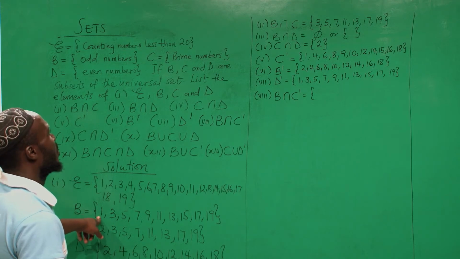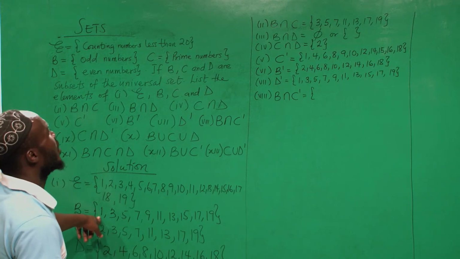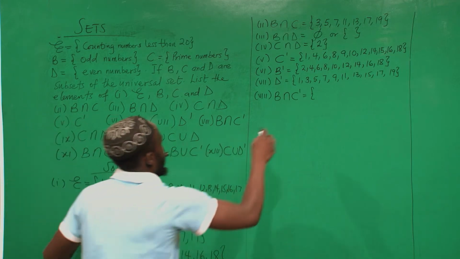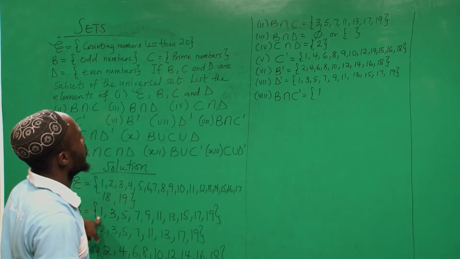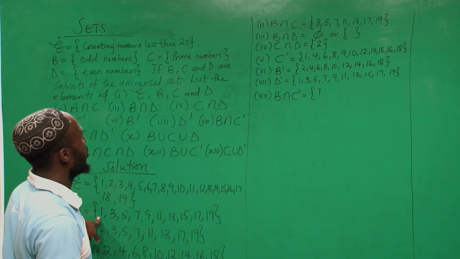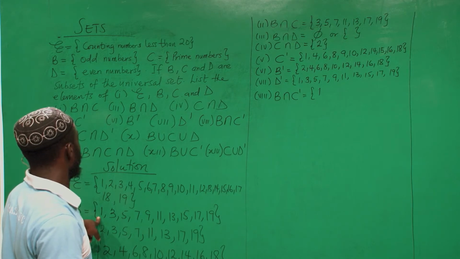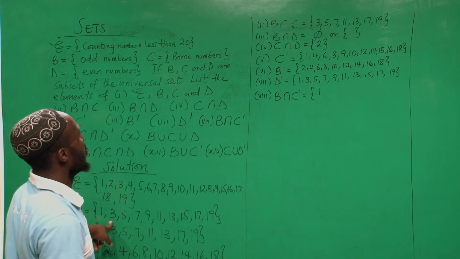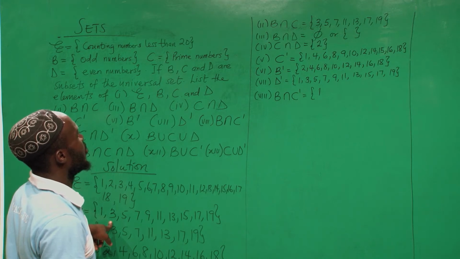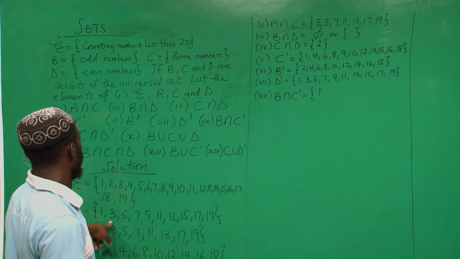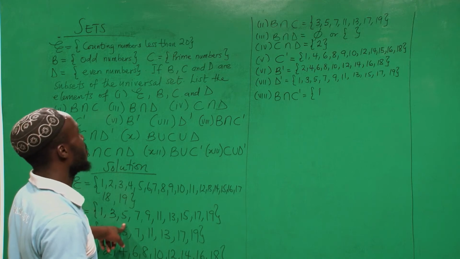This is 1. There is 1 here, so we have 1 common. In the C complement we have 3, 4, no common, 8, 6.